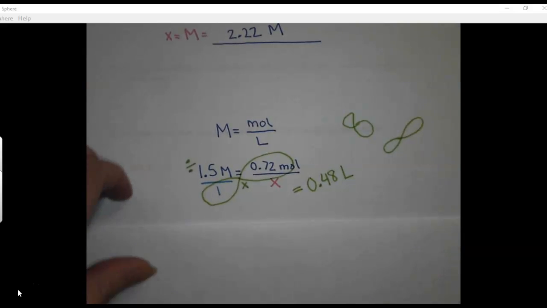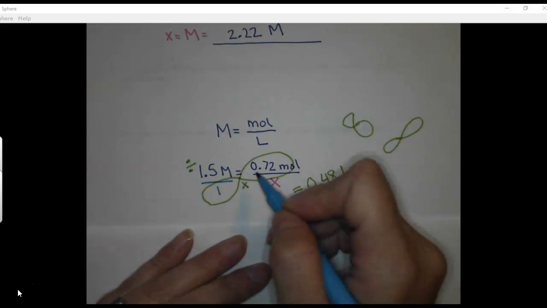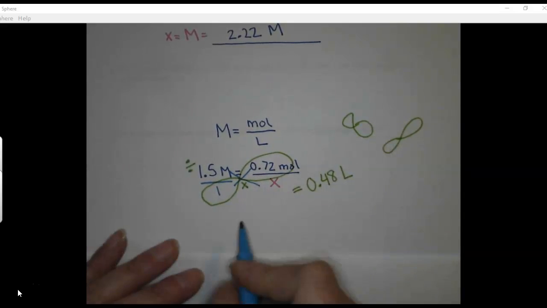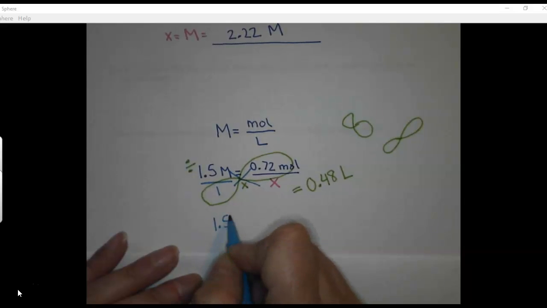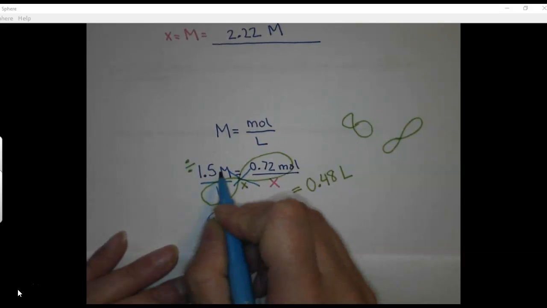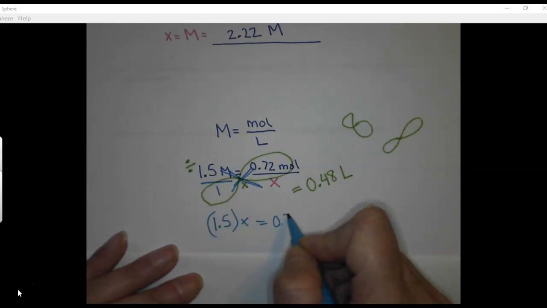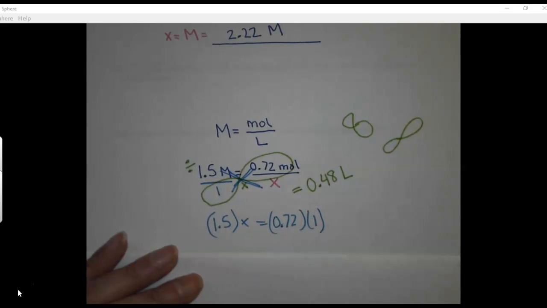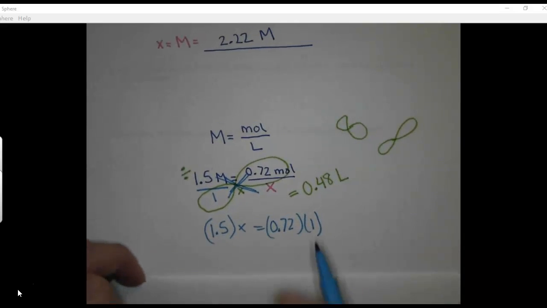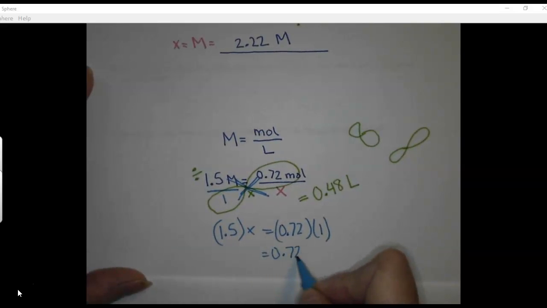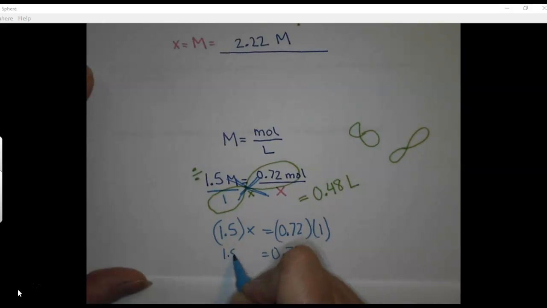All right, so if I'm going to work this out the long way, cross multiplying, I would say this one time equals this one times this one. So I would say 1.5 times x, okay, that's these guys, equals 0.72 times 1, okay? So 0.72 times 1 is just 0.72, and I have 1.5 times x still on this side.